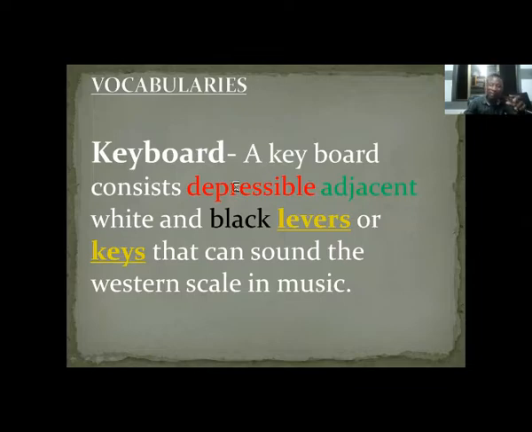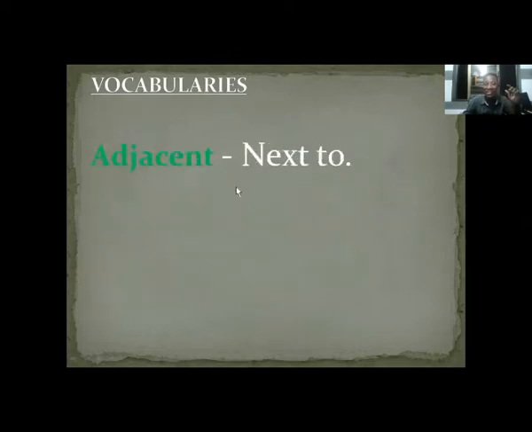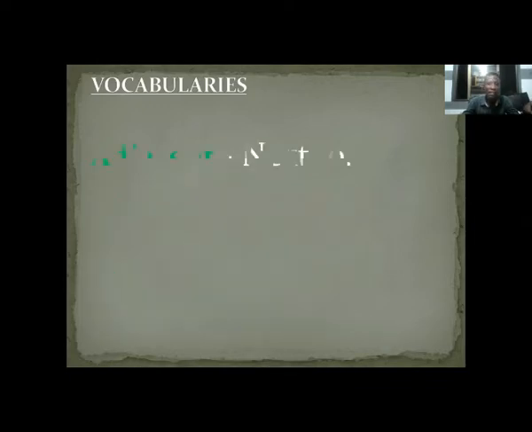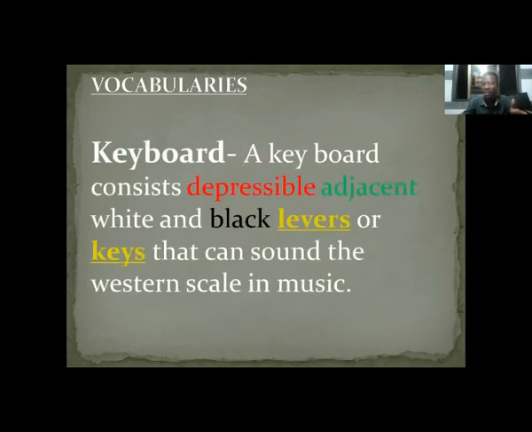So the words depressible and adjacent have been heard once again, as I said earlier. Depressible means to push something down or something that can be pushed down. And adjacent simply means next to. Good. So back to the definition of a keyboard. A keyboard consists of white and black keys that are depressible.